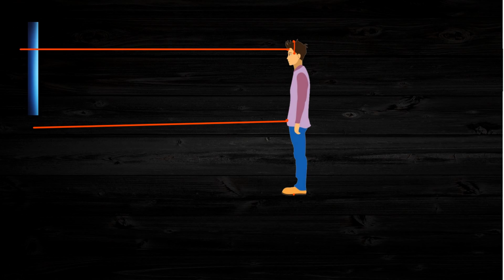So this is the midpoint of the line segment that goes from the eyes of the observer to the top of his head, and this is the midpoint of the line segment that goes from the eyes to the bottom of the observer. So let me draw a horizontal line from these two midpoints.